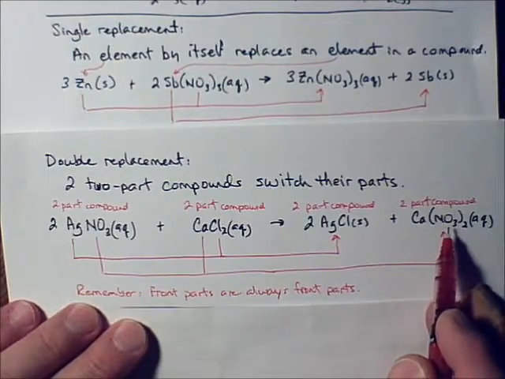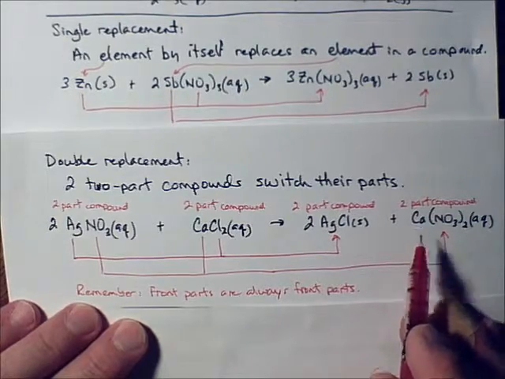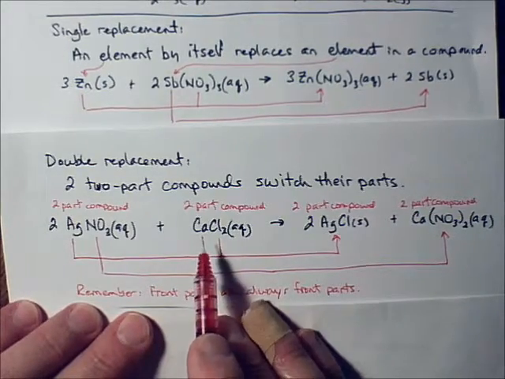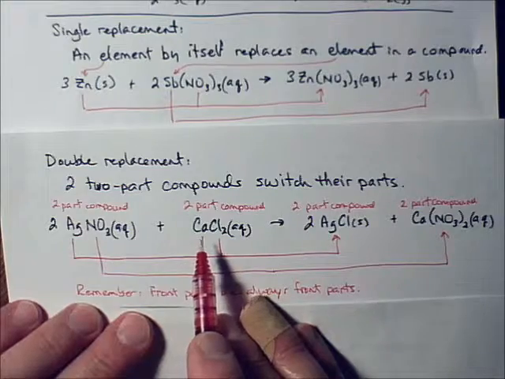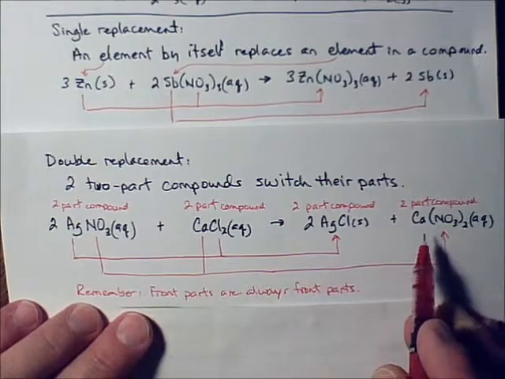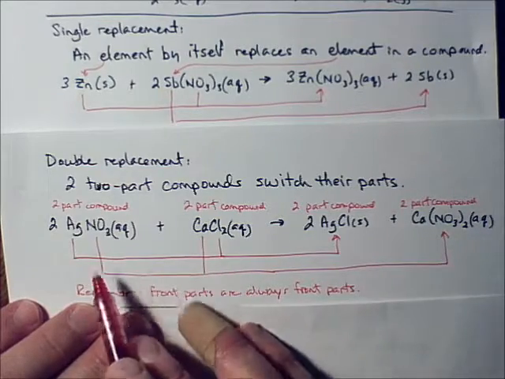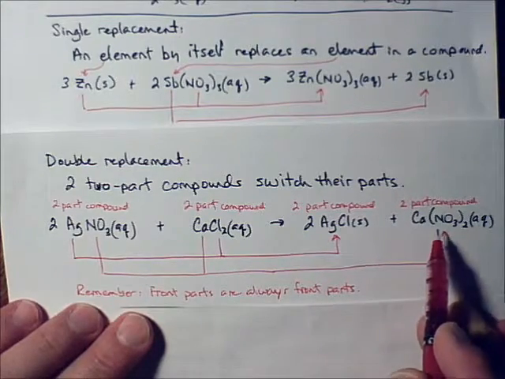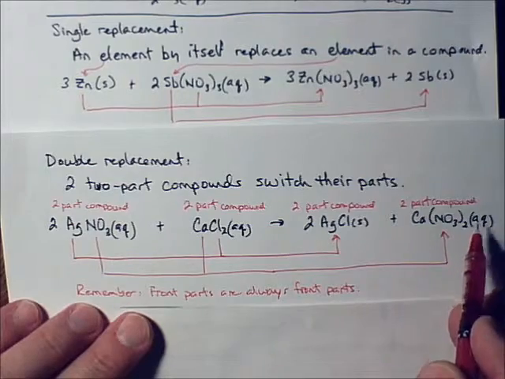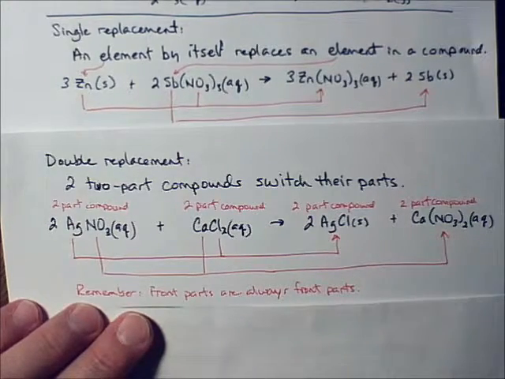Because the NO3 is negative and the calcium is positive. The front part here, calcium, is the front part of this compound. If it's the front part of this compound, it'll be the front part of this compound. It joins up with nitrate, but you don't write NO3 parentheses 2 and then calcium, because the calcium always stays in the front. Front parts stay front parts. Okay?